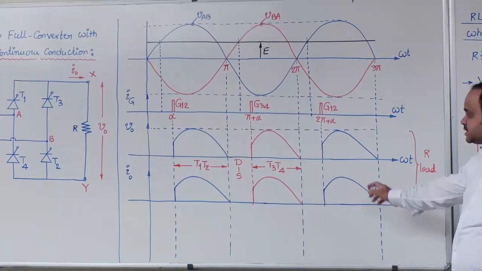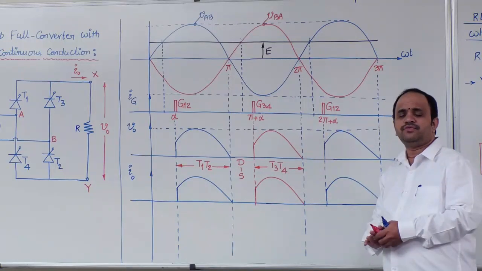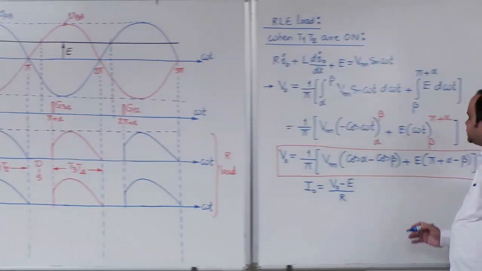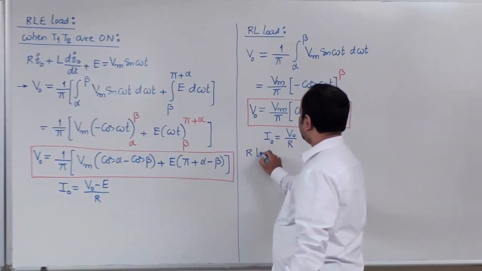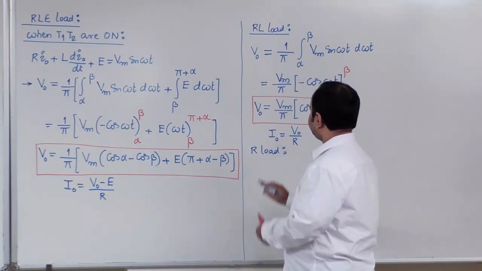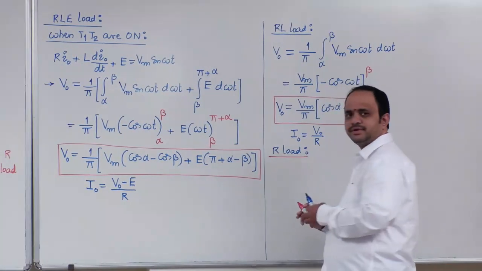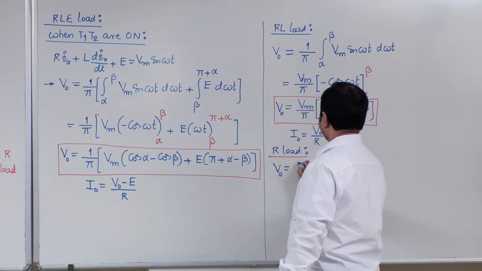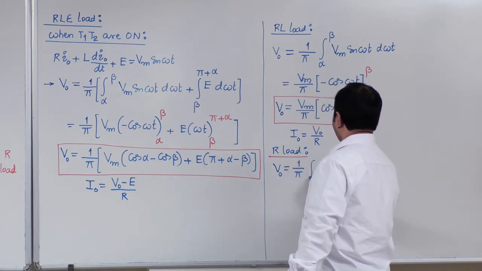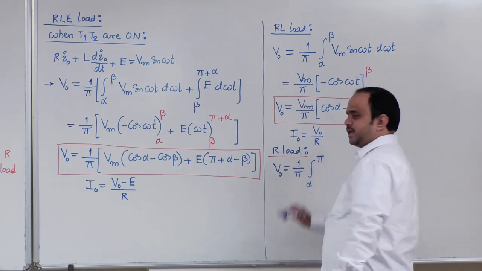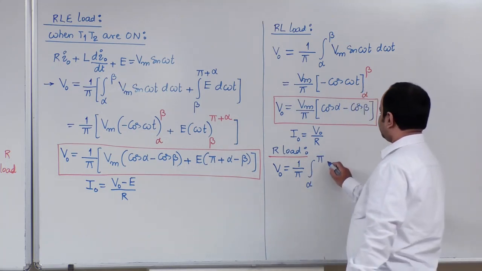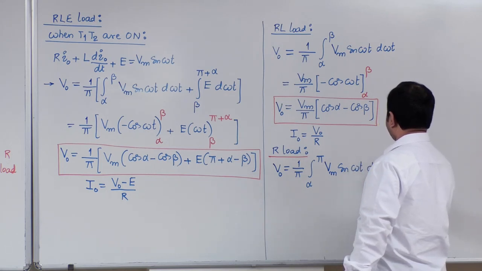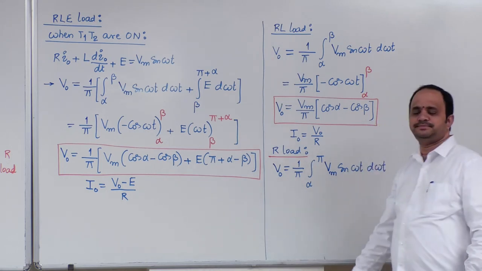Now, with this waveform, how can you find the expression for average output voltage? In case of resistive load, the average output voltage V naught is equal to 1 by pi integration from alpha to pi of Vm sin omega t d omega t.